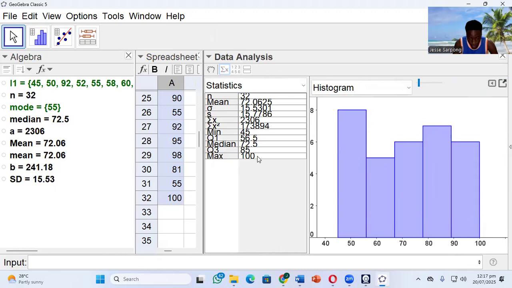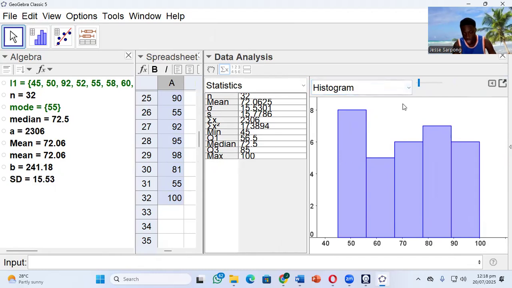So now you can see our n is 32, our mean 72.06, as we had here. Our standard deviation is 15.7 there. Our variance is also here. Then this confirms what we have: our maximum, the range, the median 72.5, and the minimum 45.